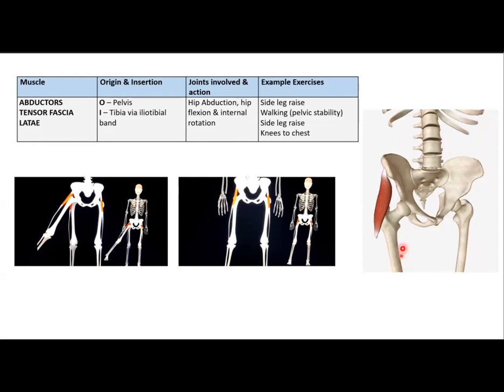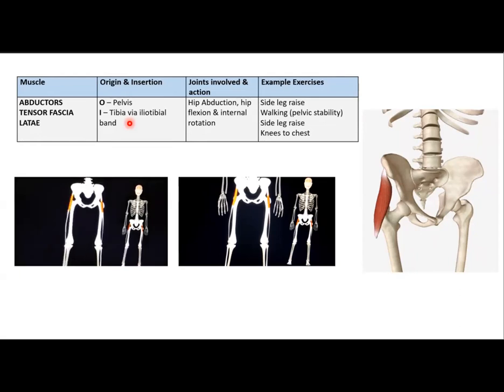So that one is actually also this little muscle here. The origin is here, and the insertion is your ITB band, which is a very long band which goes all the way down to your lower leg. Okay, and that one does the same thing, and it does also a small internal rotation.